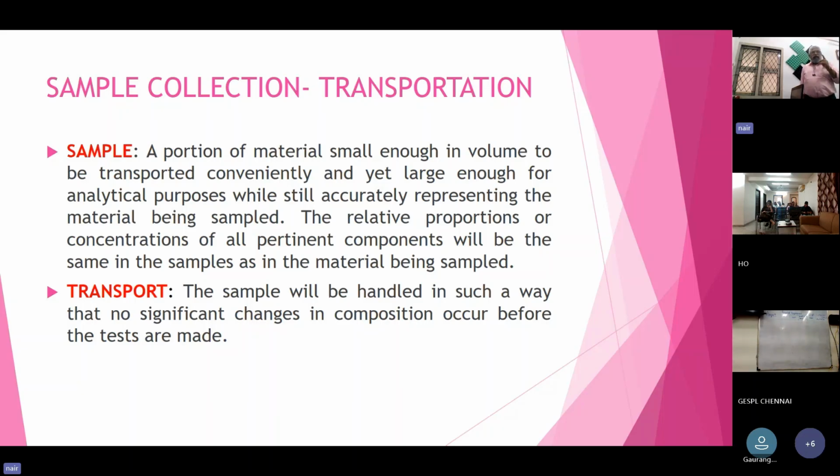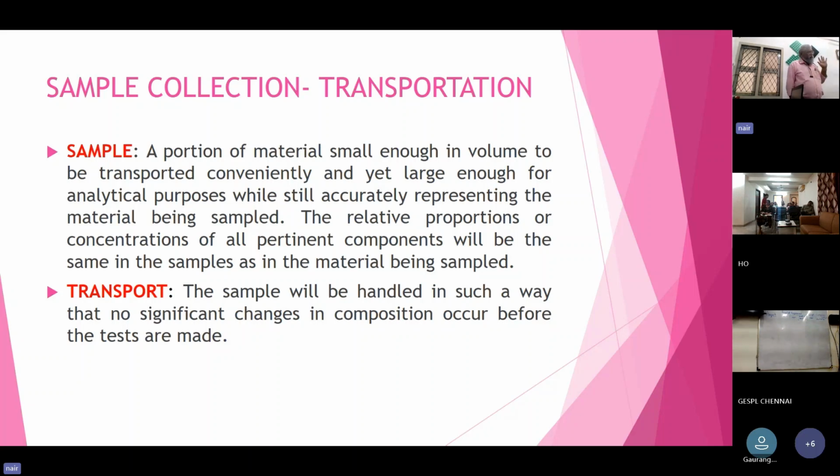So we have to collect the sample in its actual representative form. Then see, the relative proportions of concentrations of all pertinent components will be the same in the samples as in the material being sampled. So we have to ensure that the sample that we are collecting represents the actual material.